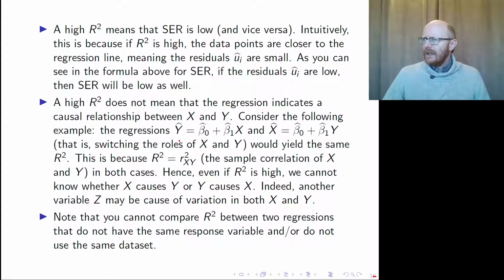A high R-squared does not mean that the regression indicates a causal relationship between x and y. It doesn't. It just means that x is very good at explaining the variation in y, and if you just flip the regression, so you rename the x variable y and the y variable x, then you actually get the same R-squared as if you do it the other way.